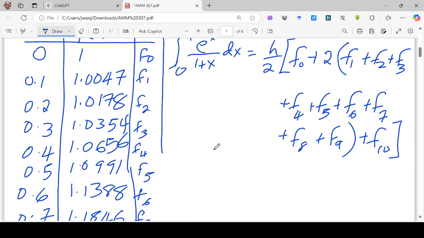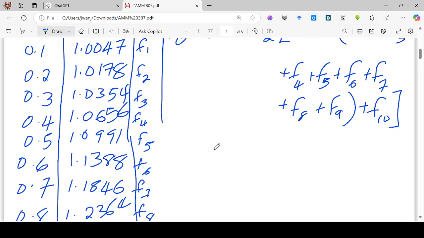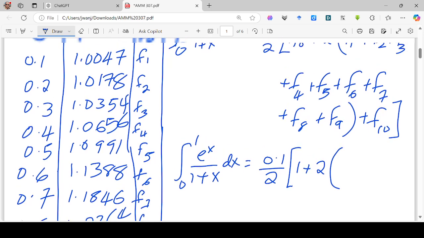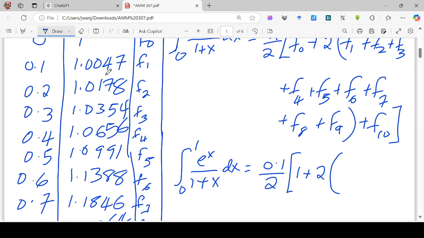Then we multiply by h divided by 2. Now our h is 0.1, the step length. So we have the integral from 0 to 1 of our function, e raised to power x divided by 1 plus x, becoming 0.1 divided by 2. Then f naught is 1. Then we have plus 2 times. Now we add all the other values except the last one.